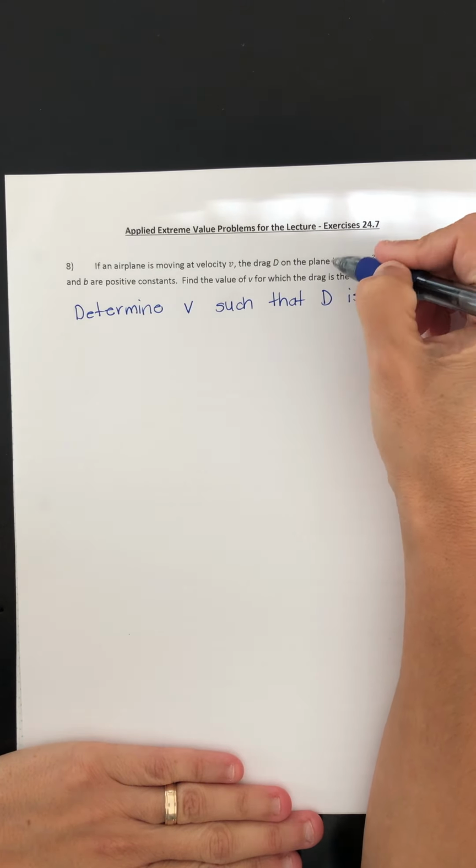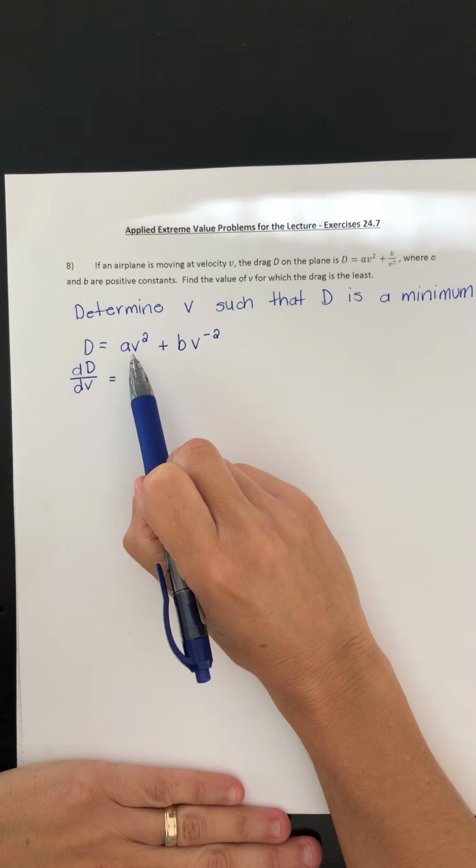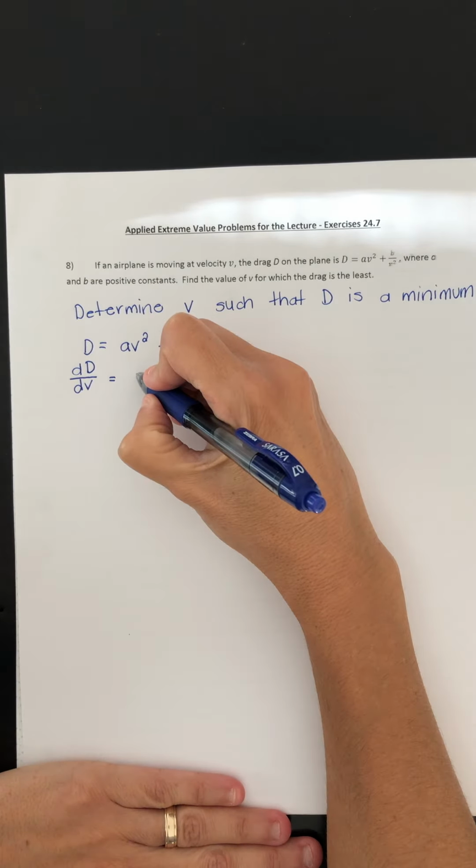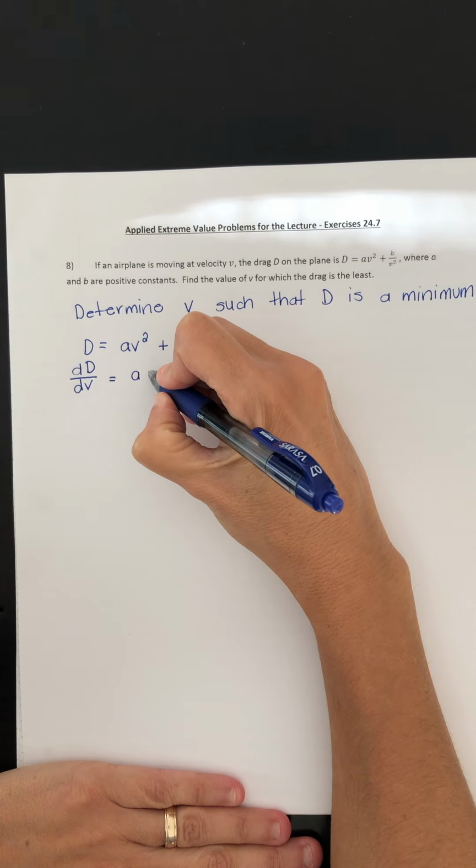And now we can take the derivative of the drag with respect to the velocity. Remember, the a and b are constants in the problem, so they're just treated as numbers would be treated. So this will be a times 2v.